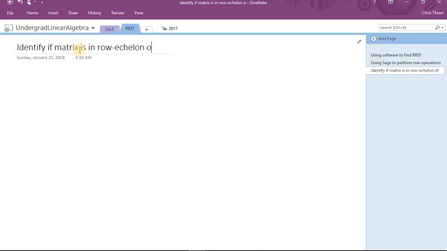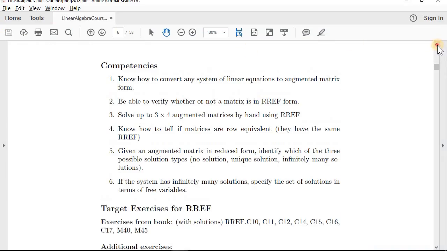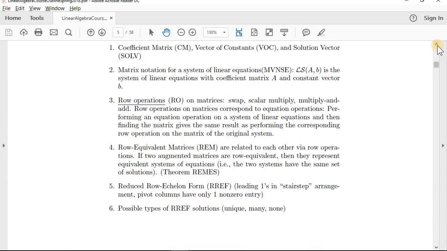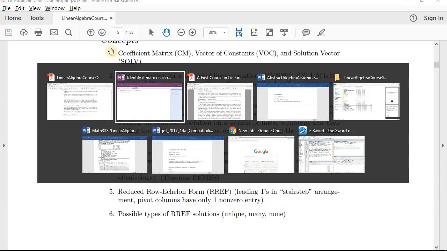Okay. All right, so let me go back and I'm going to paste the conditions for row echelon form, which is right here, reduced row echelon form. Let's see if I can just, well, we'll do the snipping tool.